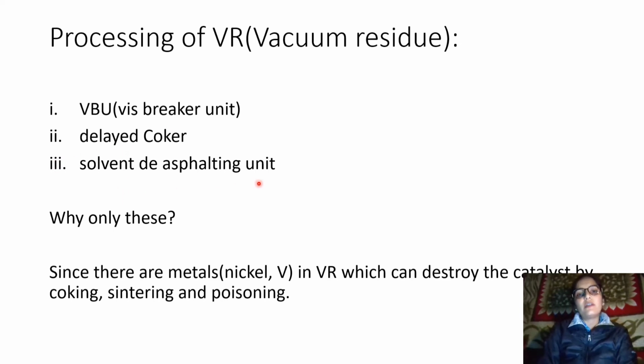coker, or solvent asphalting unit. So why only these? In the previous video I showed all the catalytic processes and so on. So why are only these three used? Because in the constitution of a vacuum residue there are a few metals also. When metals are there, they interfere with the catalyst.